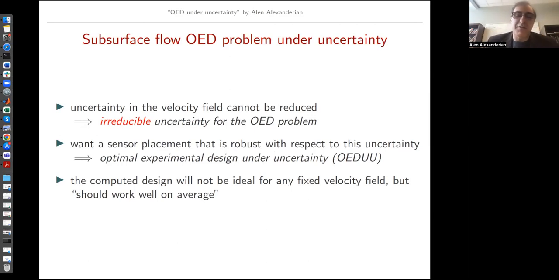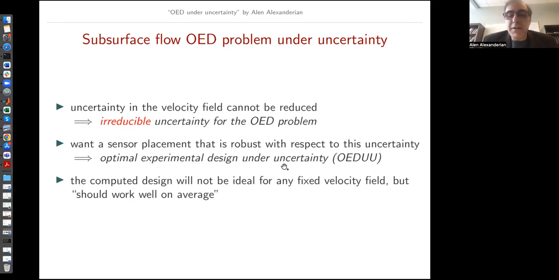Maybe we have some posterior distribution from before for the log permeability field, which can give you the velocity. But at the stage of solving the inverse advection diffusion problem, there's nothing much I can do about the uncertainty in the velocity field. So in the very practical sense, call it the irreducible uncertainty. In a reducible setting, it would be when I'm jointly estimating the parameters, and then maybe I want to focus on another one of them. But that's not the setting here. So we want a sensor placement that's robust with respect to this irreducible uncertainty.